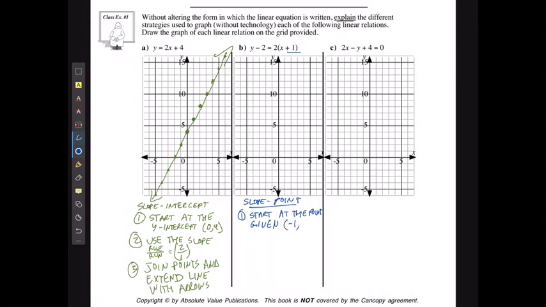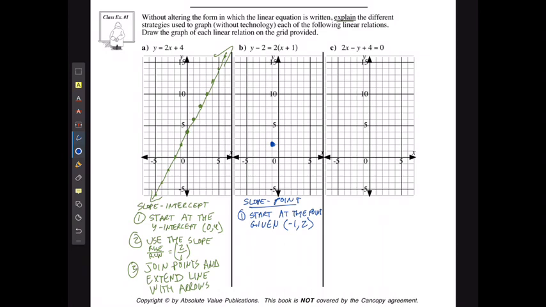And if it's y minus y1, it's going to be at 2. So I'm going to find the point of -1 and +2 and start right there.